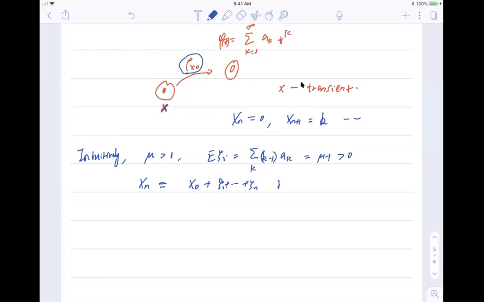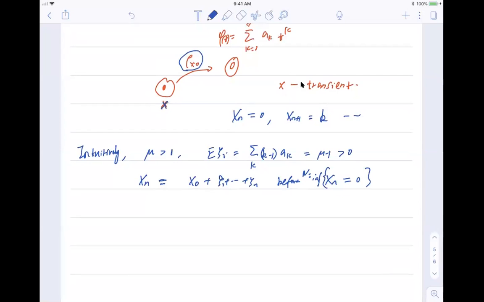So before xn goes to 0, let's define this. These are IID copies.